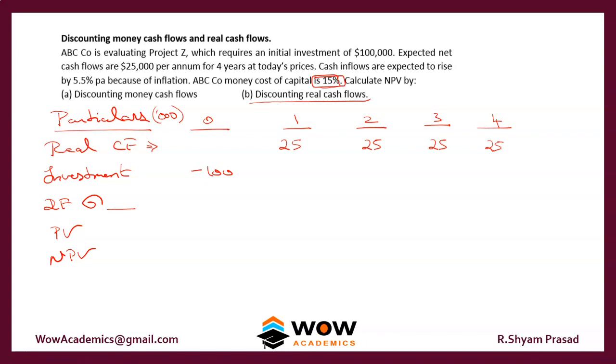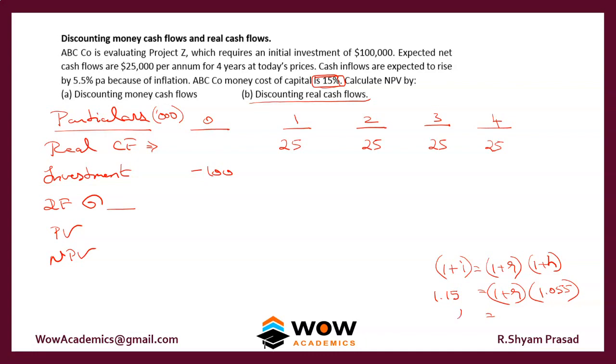So the formula is 1 plus I equals 1 plus R into 1 plus H. So we have to find out what is the R. So I is 1.15, so that is the nominal rate. 1 plus R we have to find out, and 1 plus H is 1.055.